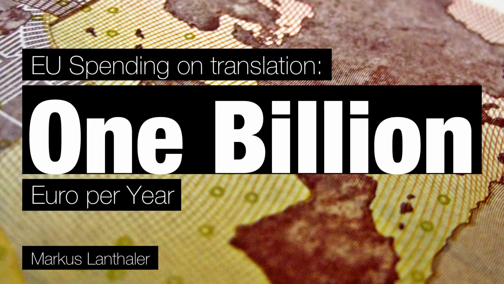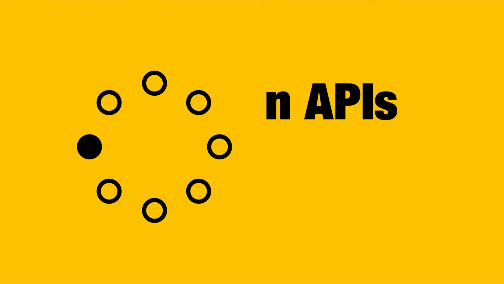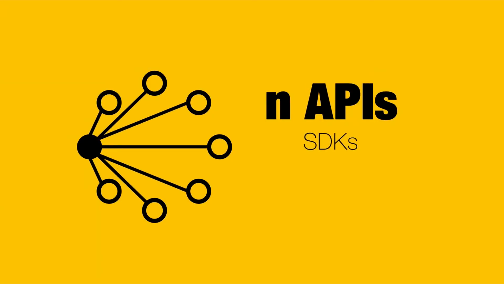1 billion euros is the sum that the European Union spends every single year to translate their documents into the various member languages, and there are just 24 of them. And if you think about it, we are doing exactly the same all the time if we are building APIs, if we're building applications. So if you build an application, and the chance is quite high these days that you have to integrate with a couple of web APIs, then you're really translating back and forth between different languages all the time.